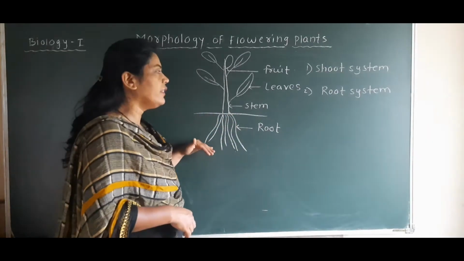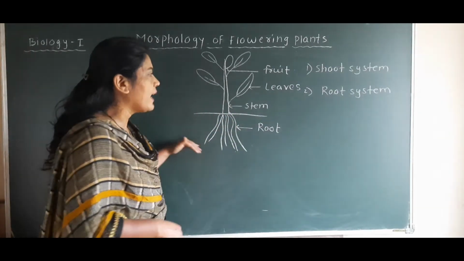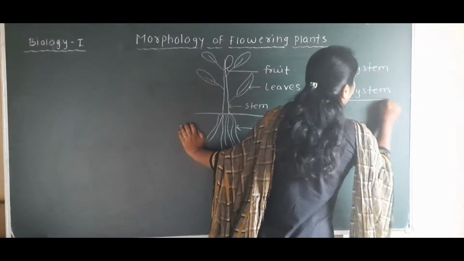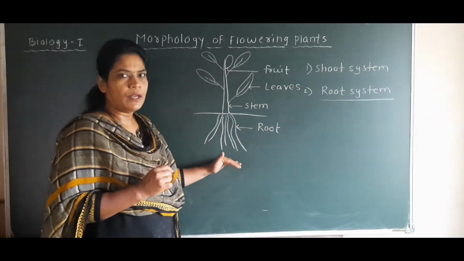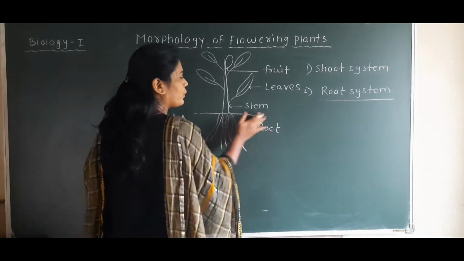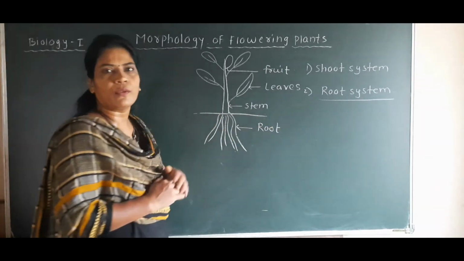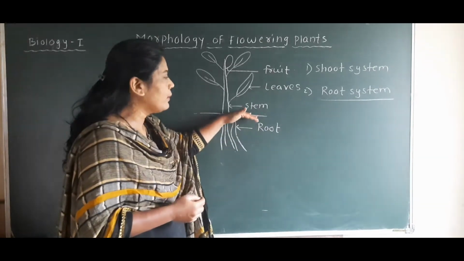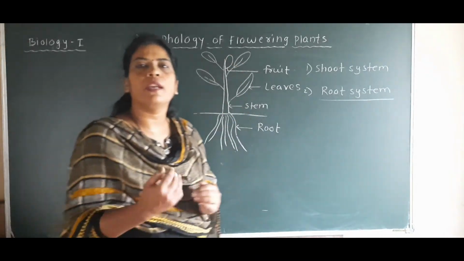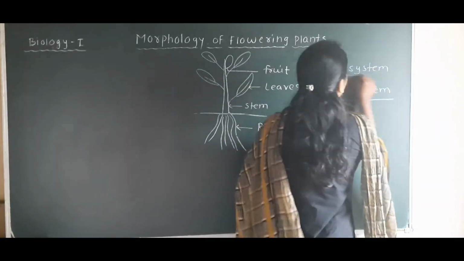See here in this figure you can observe that the root system is present below the soil. Suppose this is the part of the soil, the underground part, there will be the root system present, and above the soil or above the ground there will be the shoot system present.